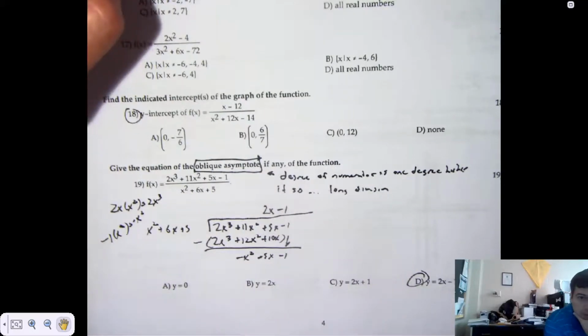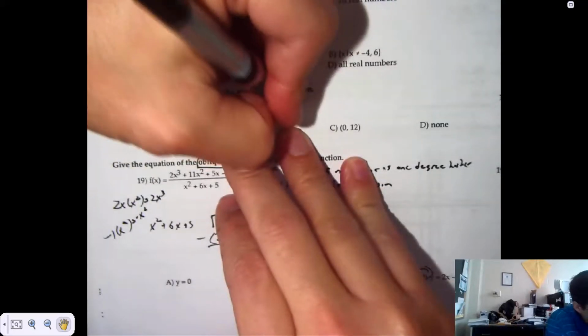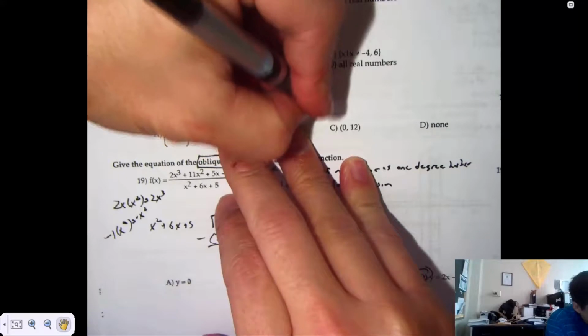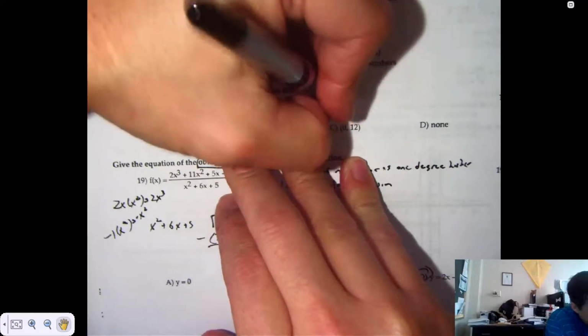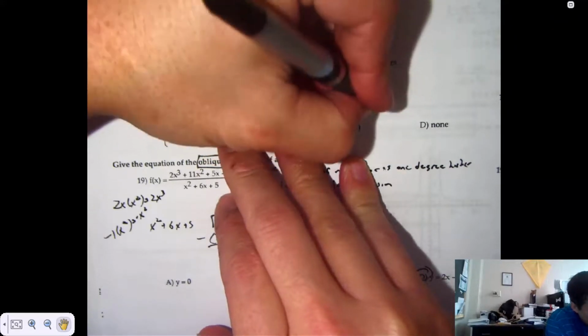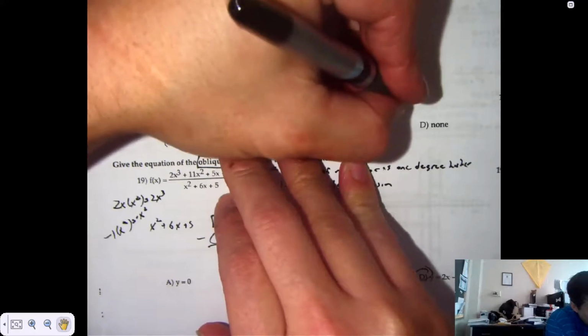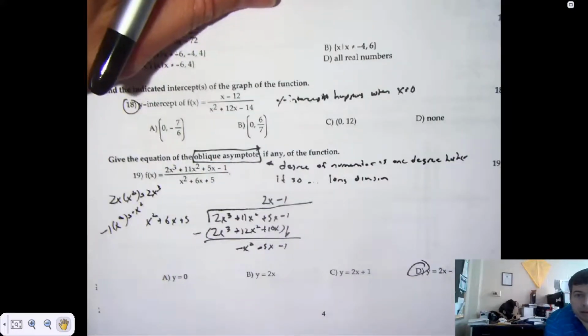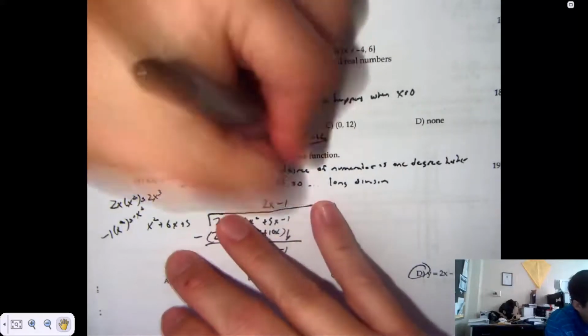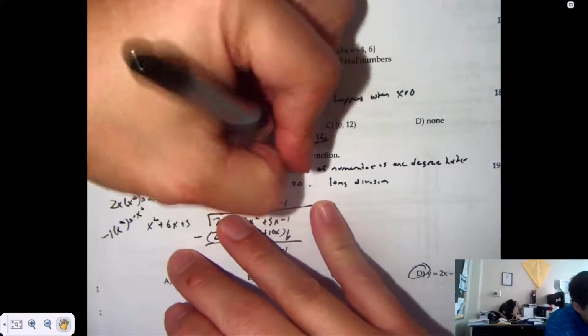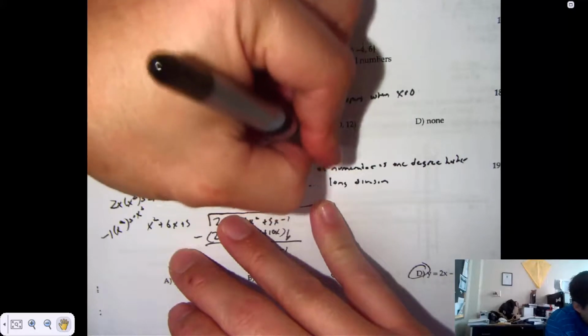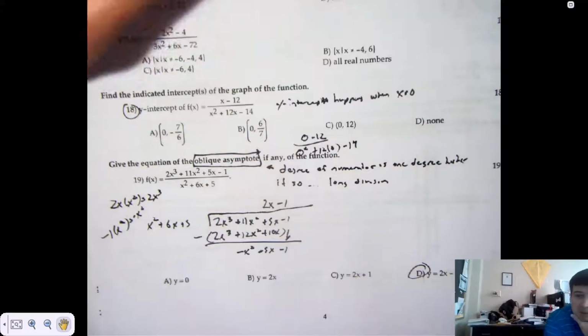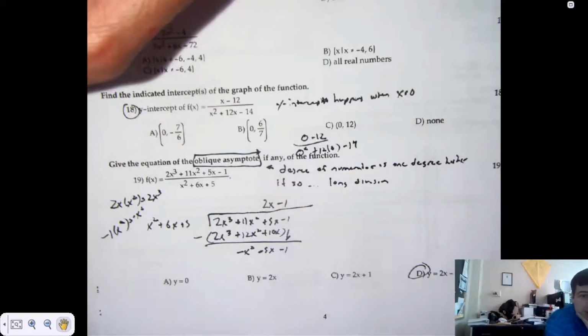There will be kids who miss things like 18. Y-intercept happens when x is 0. That's when it happens. You're thinking you have a 0 minus 12 over 0 squared plus 12 zeros minus 14. Most of the kids who miss this are the kids who rely on that calculator.